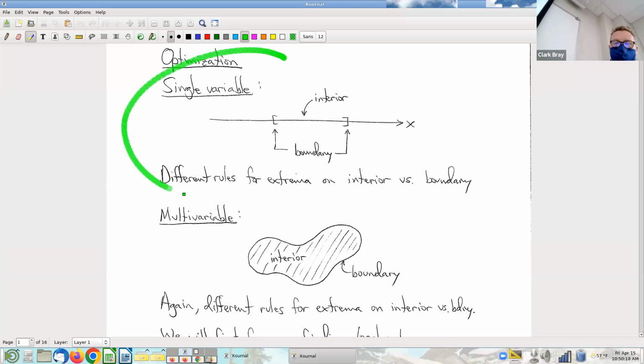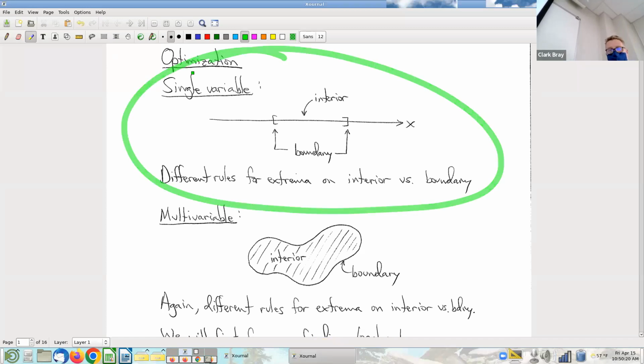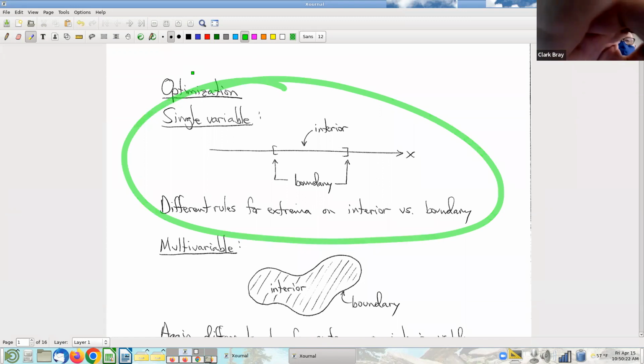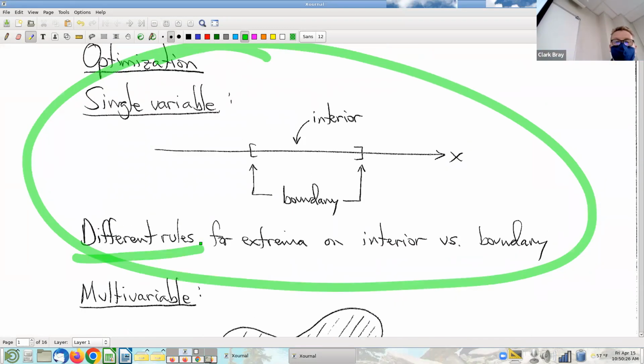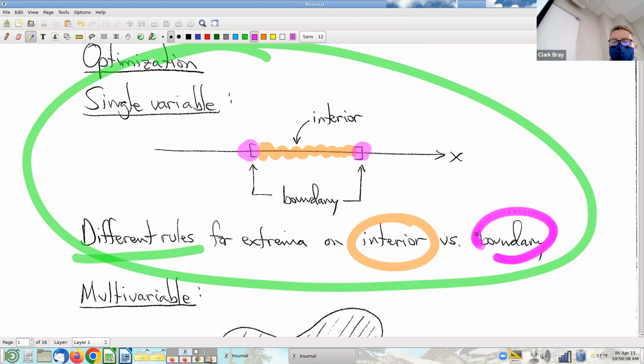Single variable optimization. I'm going to loosely say we have different rules for how we deal with possibly finding maxima in the interior versus the rules for how to hunt for extrema on the boundary. In the interior, the rules are about derivatives and differentiability.